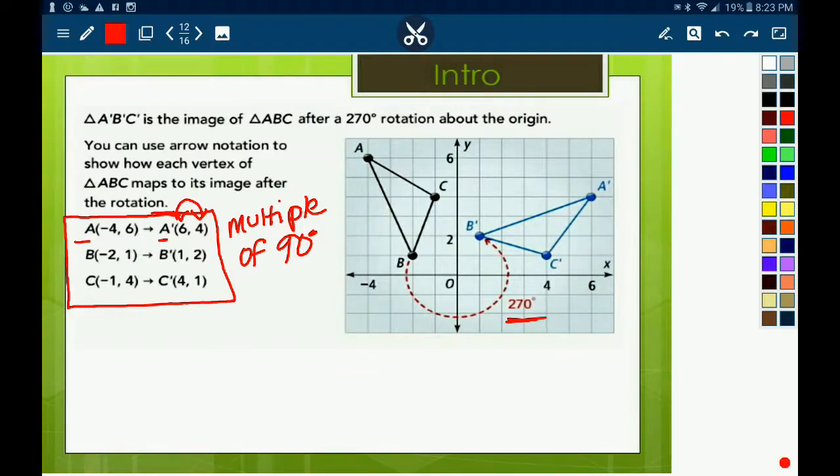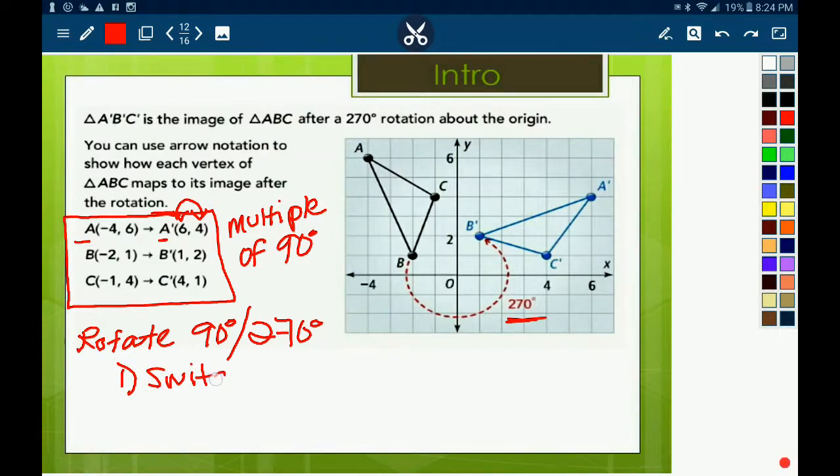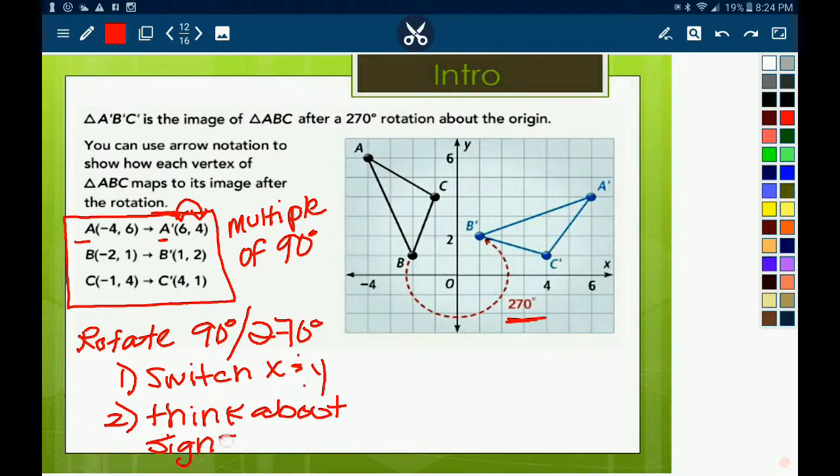So my note will be that if you rotate 90 degrees or 270 degrees, all you have to do is switch X and Y, and then you need to think about the signs as far as what quadrant it is.